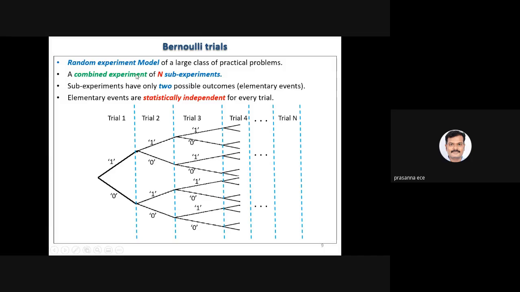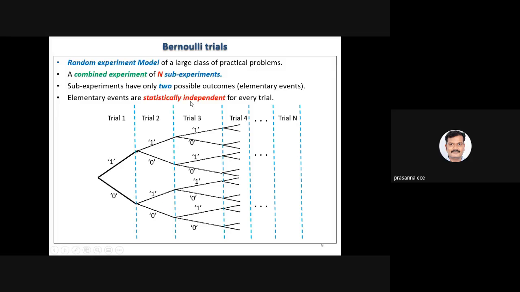So it is a combined experiment of n sub experiments. Each sub experiment will have only 2 possible outcomes, which we can call elementary events. And one more condition should be satisfied to call these trials Bernoulli trials: the elementary events are statistically independent.